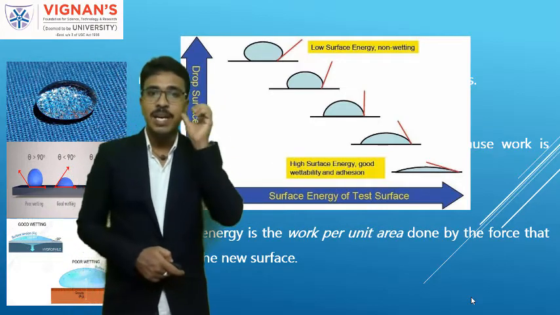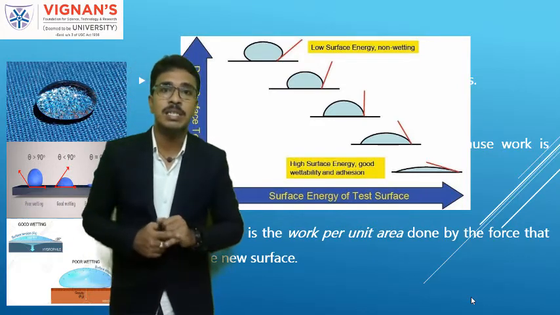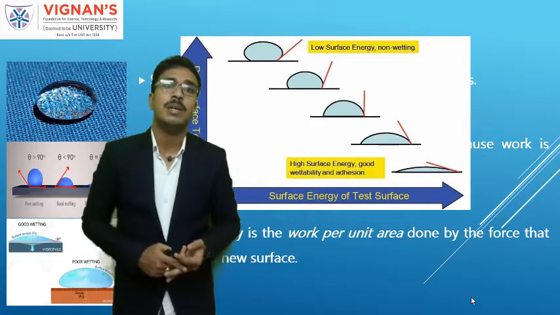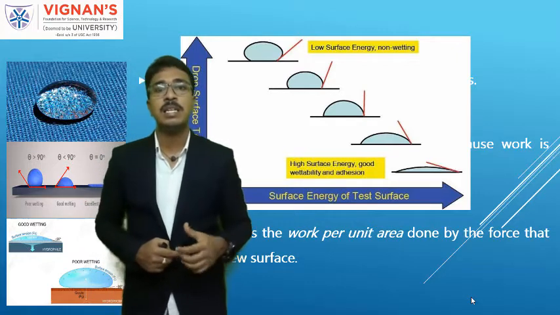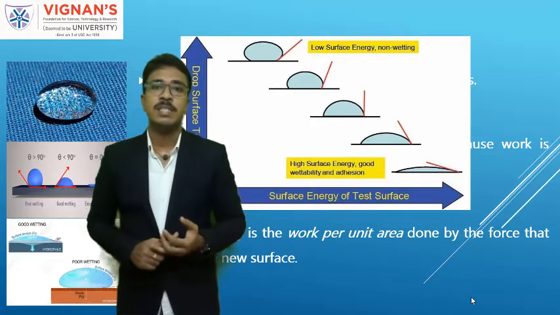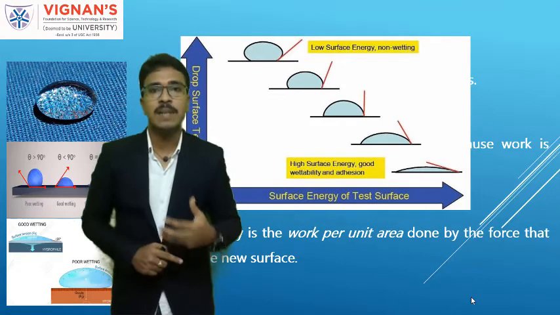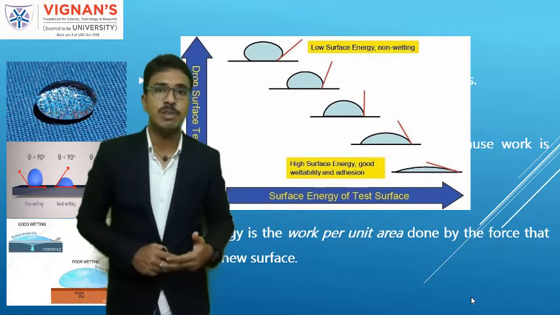That's why the droplet is easily absorbed. So here you have to understand the criteria of wetting and non-wetting surfaces. In the case of wetting surfaces, there is high energy of solids and low surface tension of liquids.